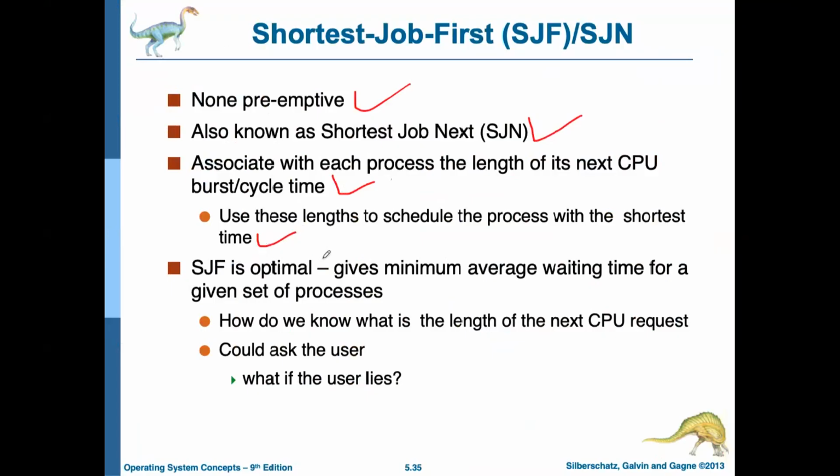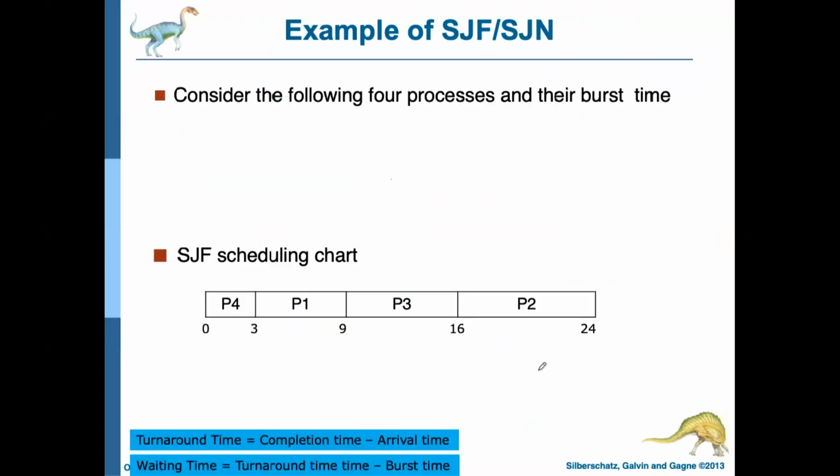SJF is optimal, giving the minimum average waiting time for a given set of processes. How do we know the length of the next CPU request? We could ask the user. What if the user lies?